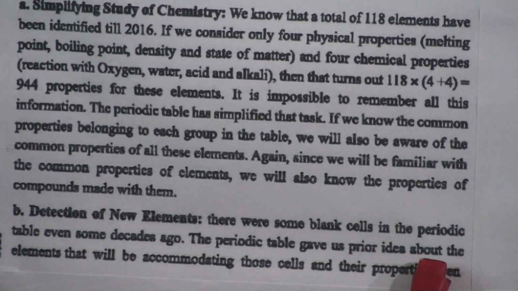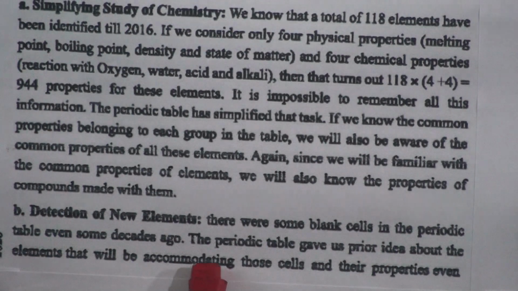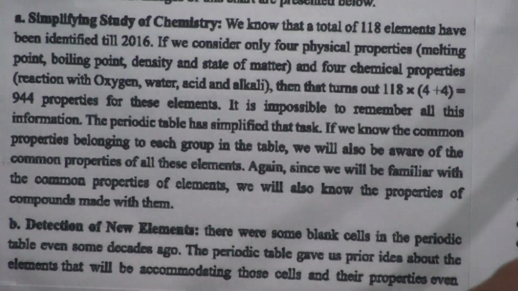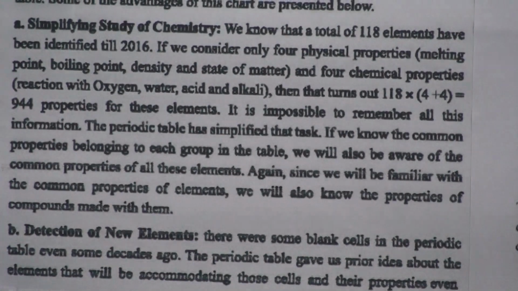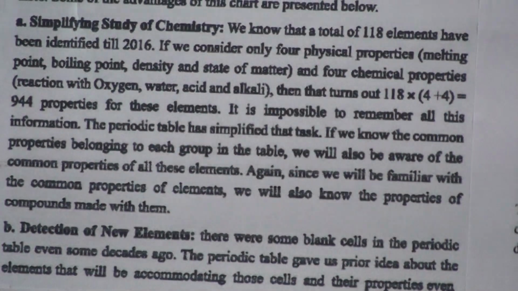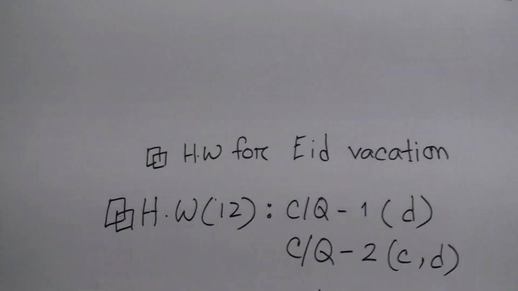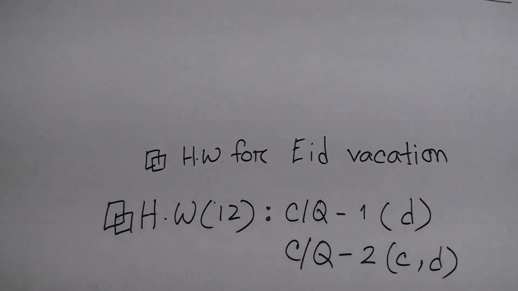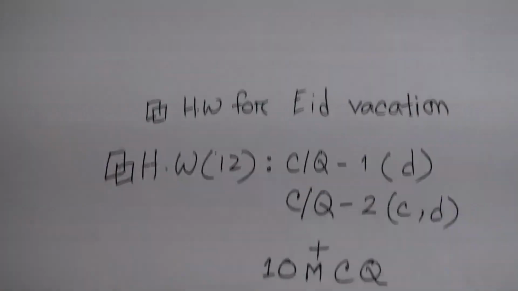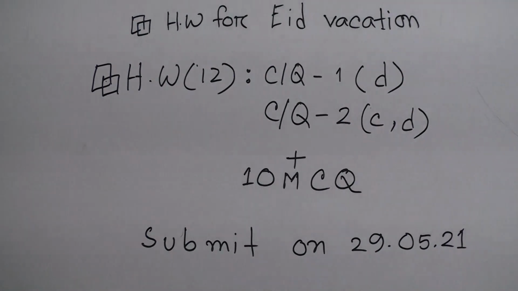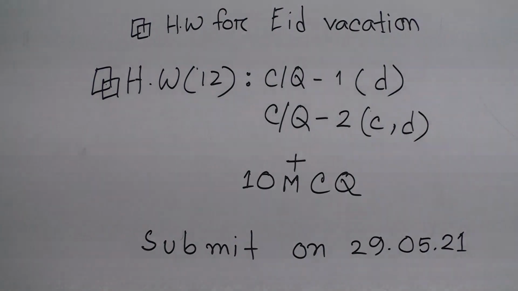The periodic table gave a prior idea about the elements that we accommodate in those cells and their properties, even before they were detected.